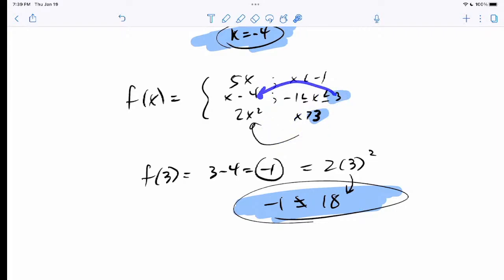A 3 into here gives me negative 1, a 3 into here gives me 18. A negative 1 into here gives me negative 5, and a negative 1 into here gives me negative 5. That gives you the equality, so they're lined up. It doesn't happen for 3. So it's impossible to make this work. No matter what, the function is going to be discontinuous. That's the idea.